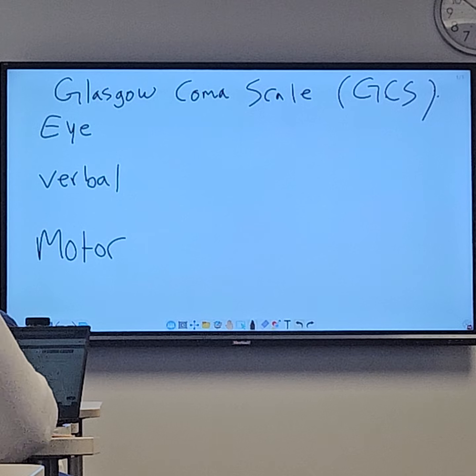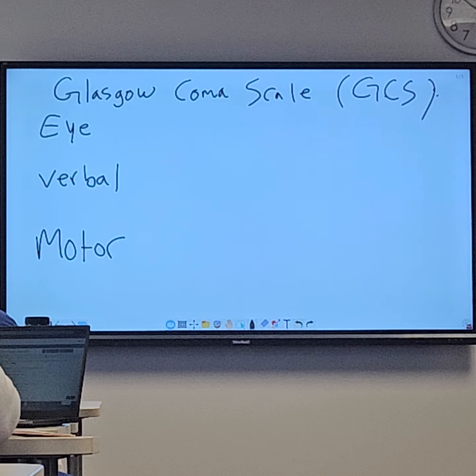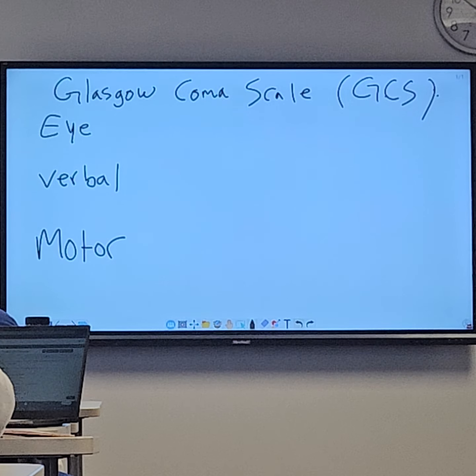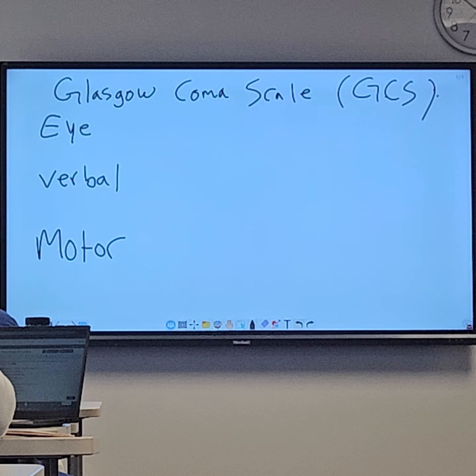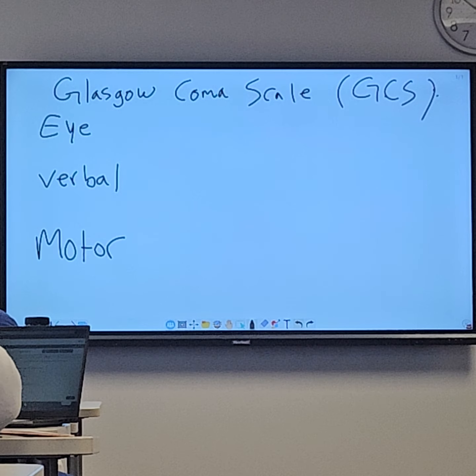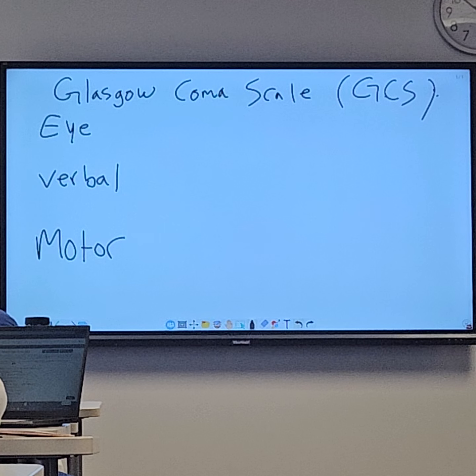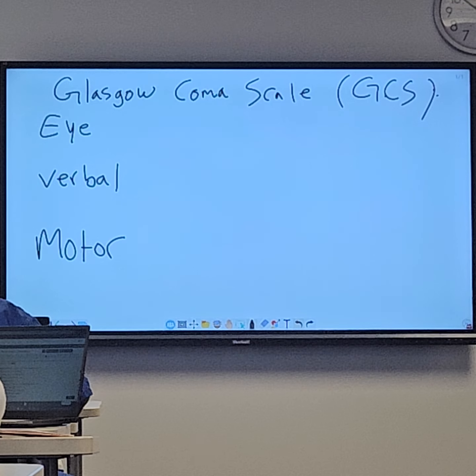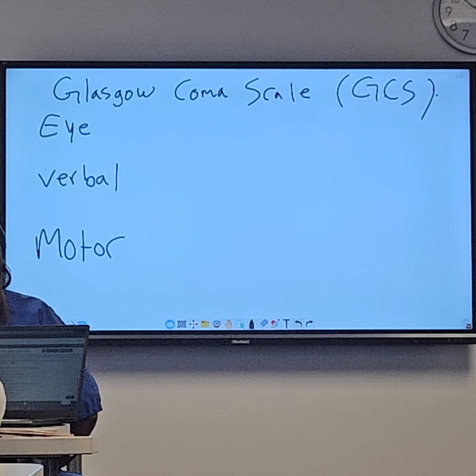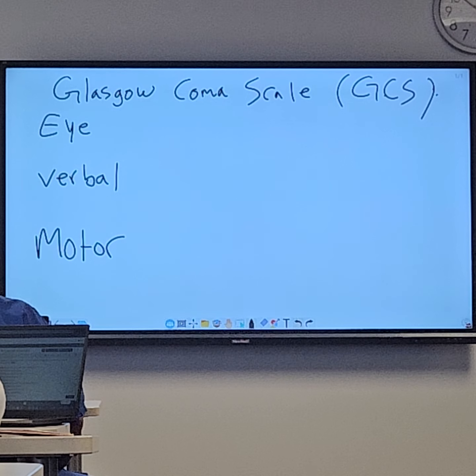You're able to open and close your eyes. Now 3, eye opening occurs secondary to sound. So when there is certain stimuli or sound, they'll open their eyes because they hear something, right? They don't just regularly do it. 2 is to pain, and 1, eye opening does not occur. They don't open their eyes regardless.